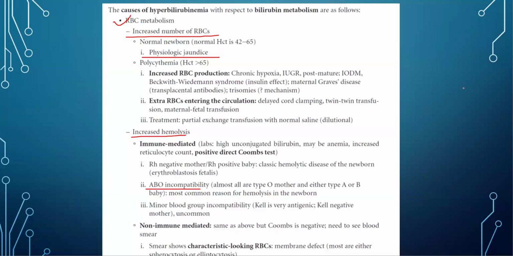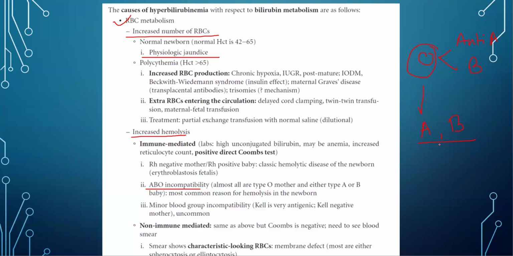ABO incompatibility is when the mother is O, and you know that blood group O has antibody against A and antibody against B. So if the mother is O and the baby is either A or B, what will happen is that if there is a fetal-maternal transfusion, which is very common during delivery, the mother's blood goes into the child's blood, and the mother's blood will have antibody against the child's blood.